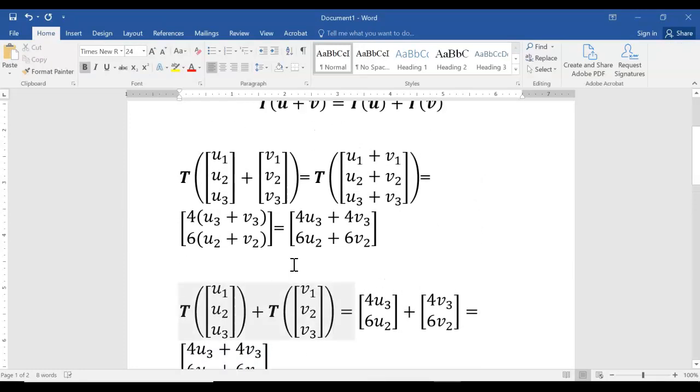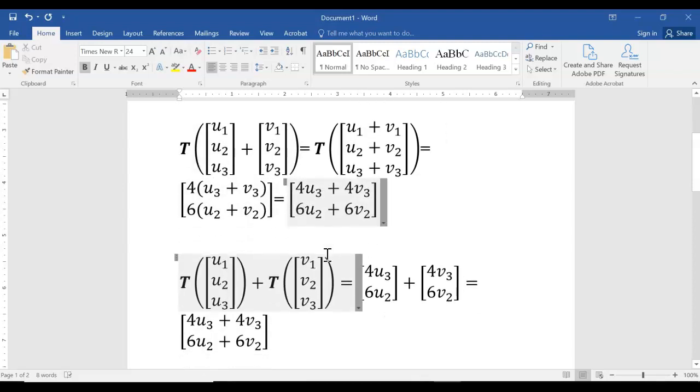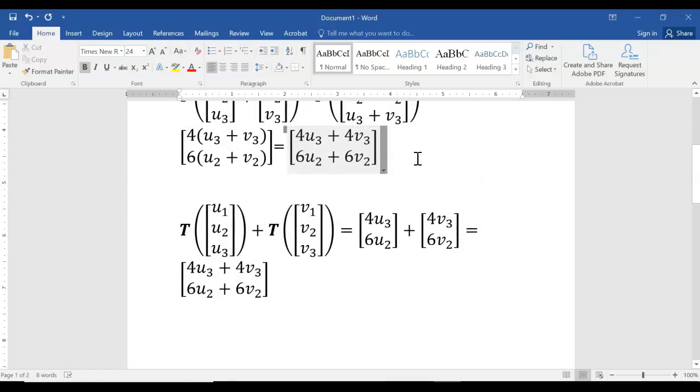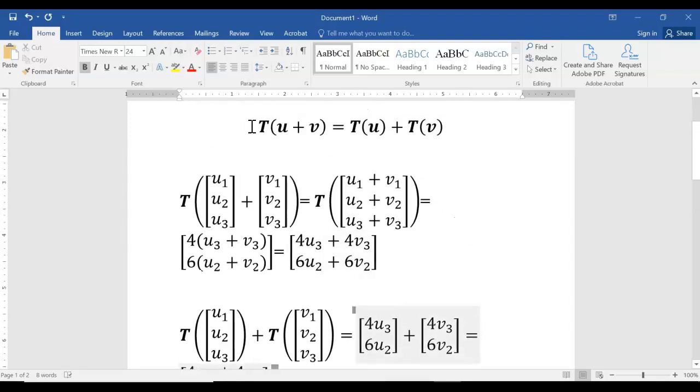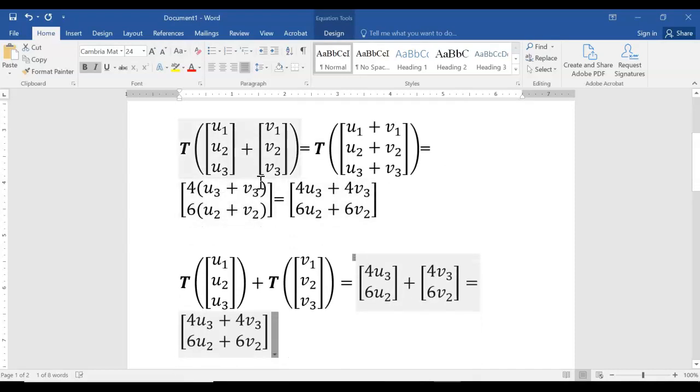So you see that no matter what the vectors, applying the transformation to u plus v leads to the same result as u plus v after you've applied the transformation to each one. Since you get the same thing in both cases, we know this property will hold for all u and all v, because I did it for an arbitrary u and an arbitrary v.